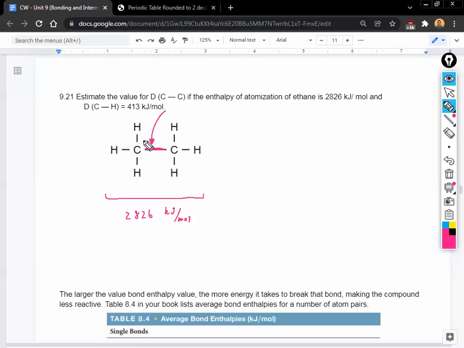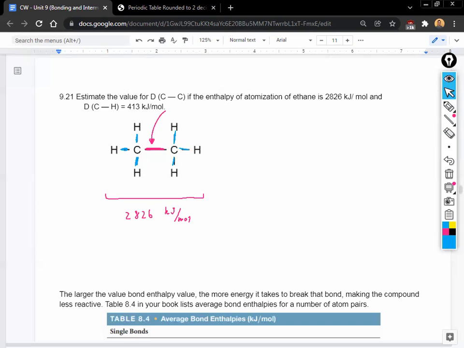And so in order to find this one, I just need to subtract all of the carbon-hydrogen bonds, not bombs. Because if everything sums to 2826, I can find the carbon-carbon bond enthalpy by subtracting these 6 carbon-hydrogen bonds.